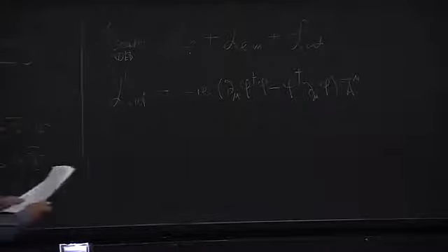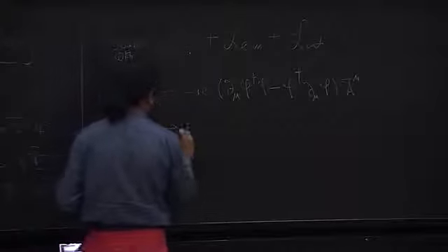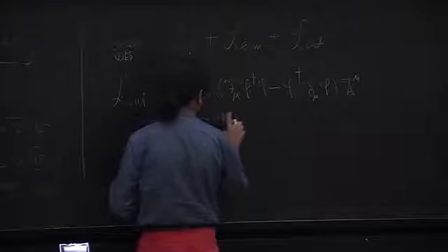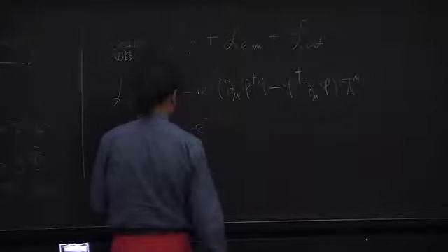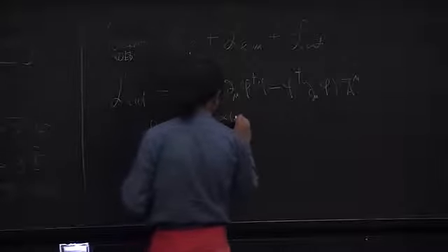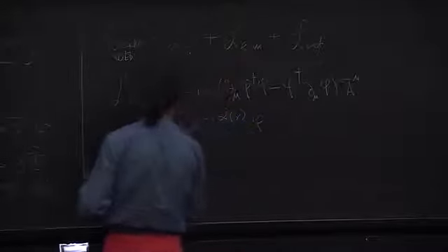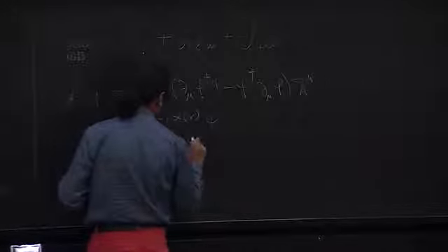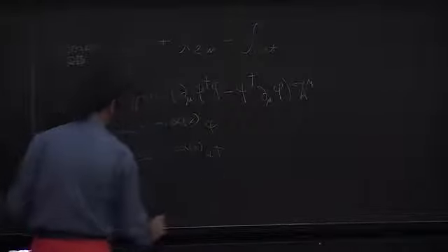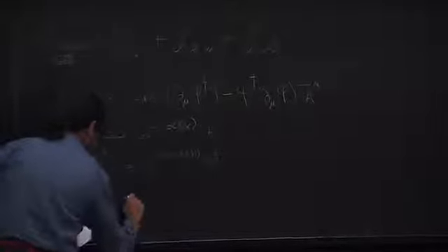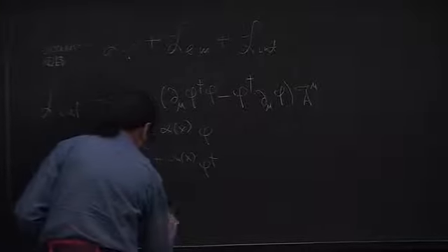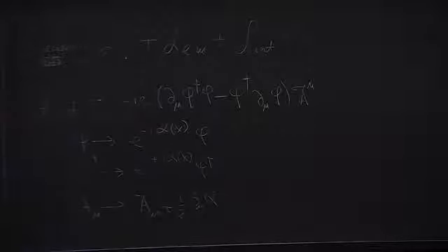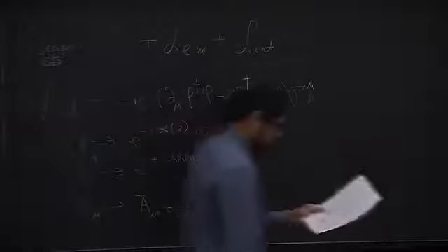And now if I say that my Klein-Gordon field transforms in this way, and the conjugate transforms like so, and this transforms in this way, then that leaves this whole Lagrangian invariant.